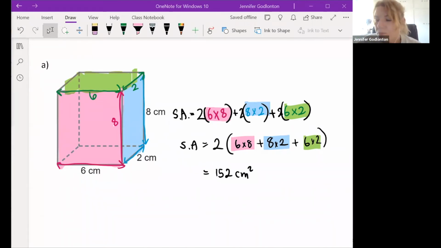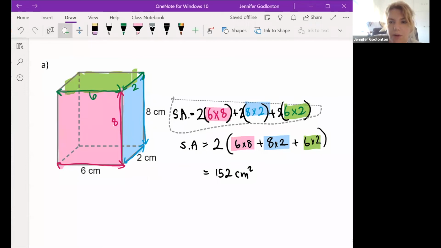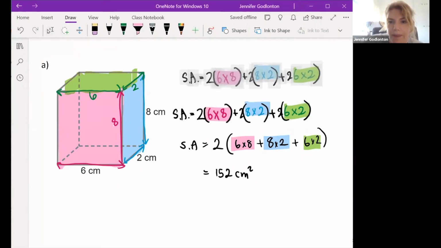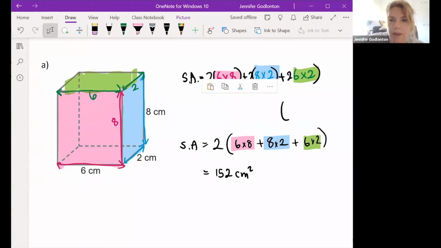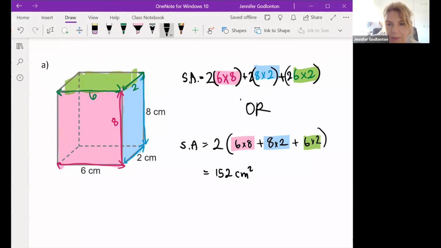Ma'am, with the 2 that is outside the brackets, from 6 times 2, 6 times 8, and plus 8 times 2 plus 6 times 2, are we gonna add all of them?